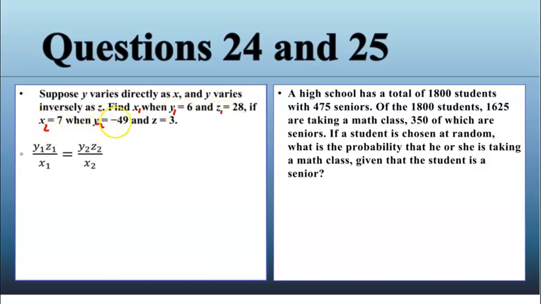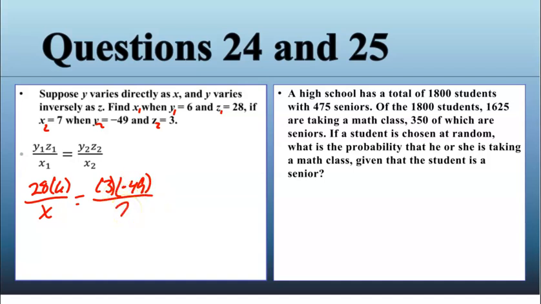These are 2's. So I have 28, and our y is 6, divided by x when our z is 3, our y is -49, and our x is 7.